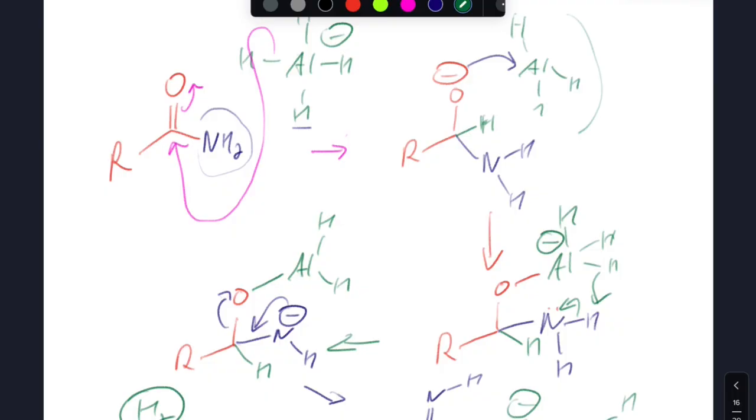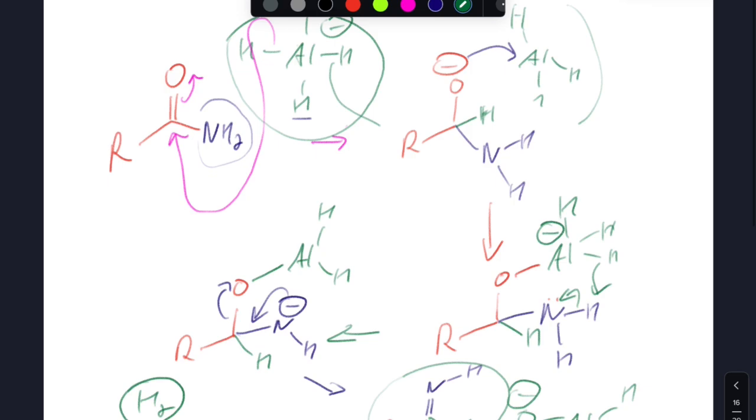So at least it's a -1 complex, not a -2 complex. Once we've got this one, any other lithium aluminum hydride in the solution can reduce it the same way that our aldehyde in the previous mechanisms could have been reduced. So it's just a second equivalent of hydride adding to this one to give us a second addition, where once again we're going to come down to a fully reduced center at that point. That gives us our primary amine like we're showing over here.